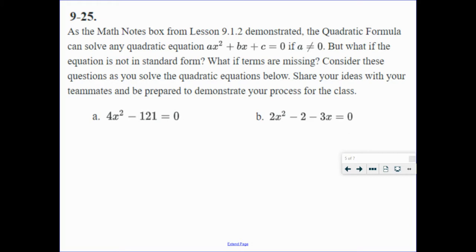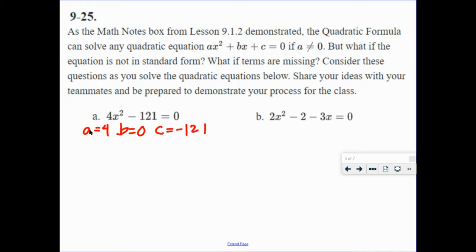A, first step, always label your terms. So the A term is 4 here. B term is missing, so B is going to equal 0. Make a note of that. B equals 0 here. C equals a negative 121.